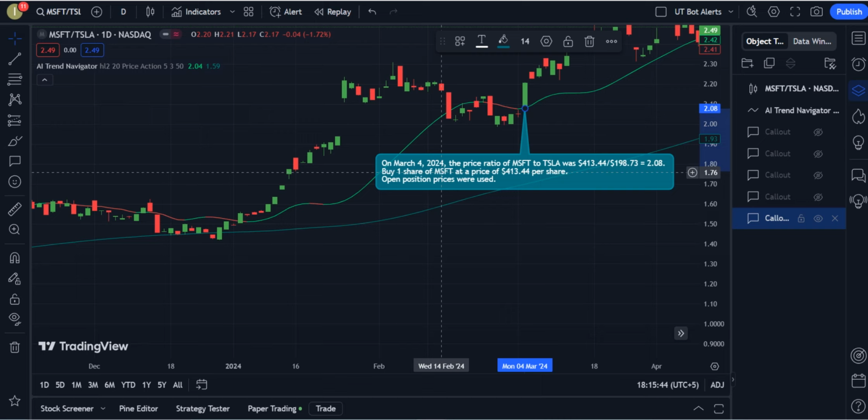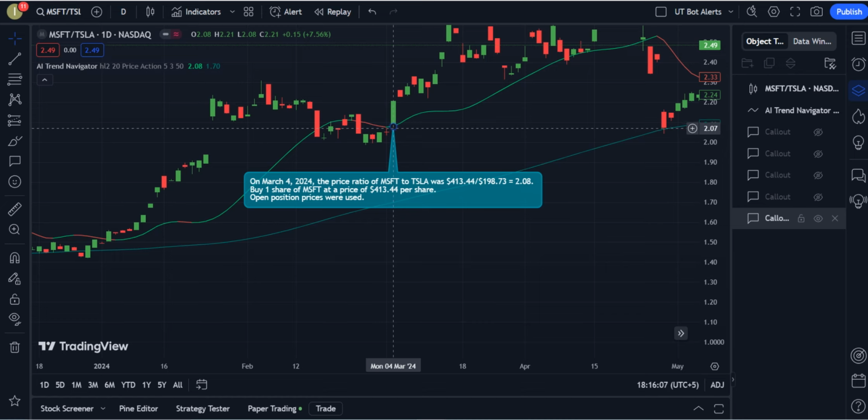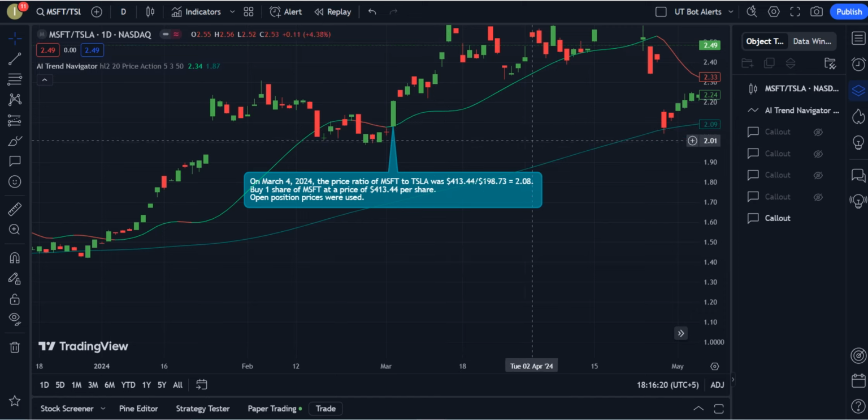And on that date, we would buy 1 share of the Microsoft stock at a price of $413.44 per share. And then we would wait for the price ratio to go up. So as you can see here, we bought the one share of Microsoft stock when the AI Trend Navigator was showing the green line, an upward trend in the price ratio of this pair of stocks.